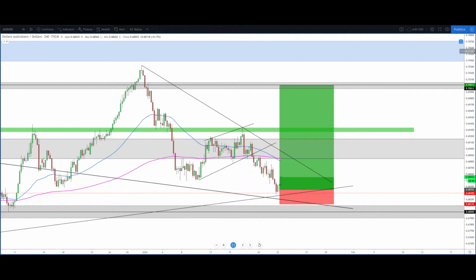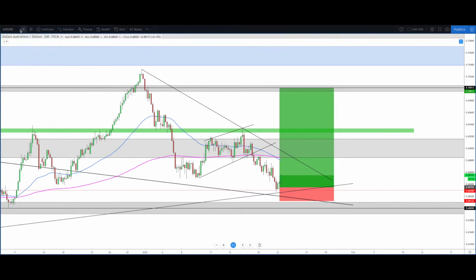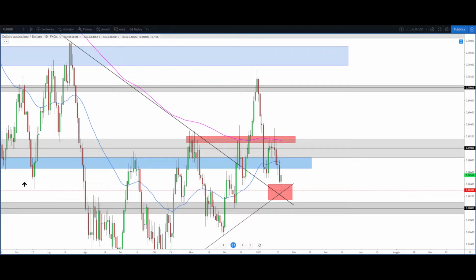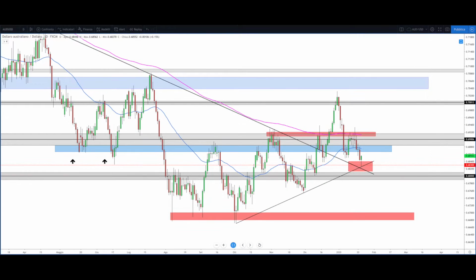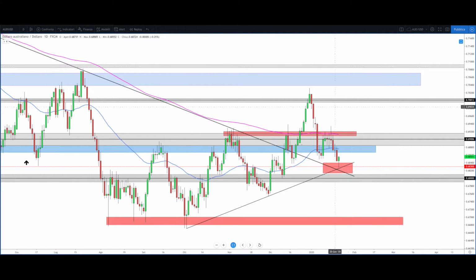But looking at the bigger picture on the daily time frame, we can see here that the price in the last weeks has reached this strong support area here around 0.6685, failed to go lower, and from this point started a new bullish movement that here completely broke this daily bearish trend line and this key level 0.69.